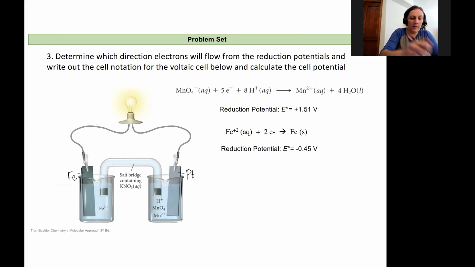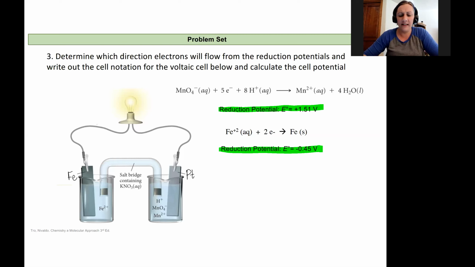I want to compare first the reduction potentials for these and decide which one's going to be my driving force. Looking at these, my manganese being reduced, which shows the gaining of the 5 electrons, will be a plus 1.51 volts.